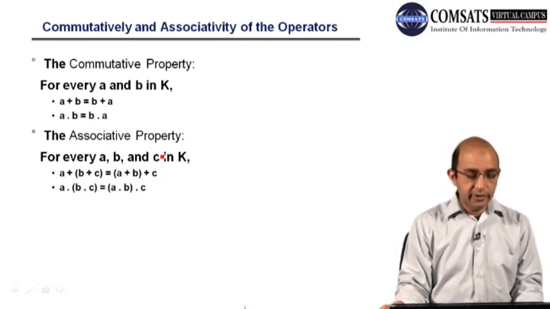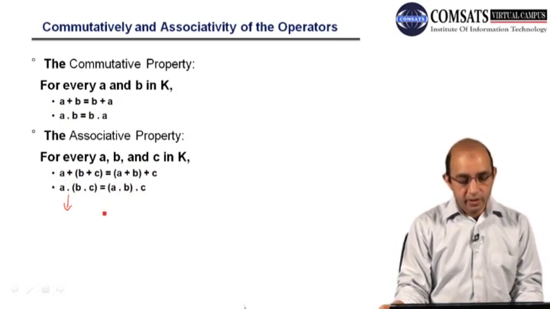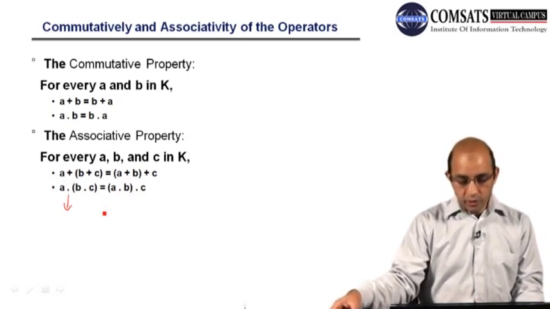So this is the associative property. If you talk about the AND operation, because we know that this dot is AND, so here we have B associated with C, and you can associate A with B and they will be equivalent to each other, right?